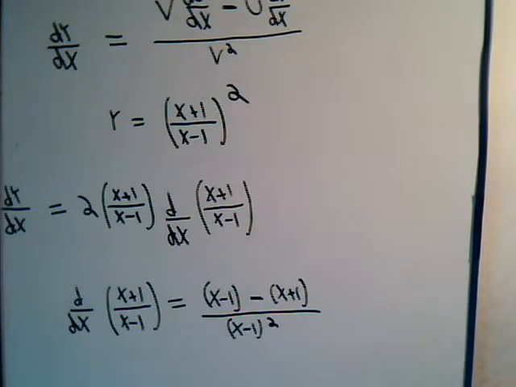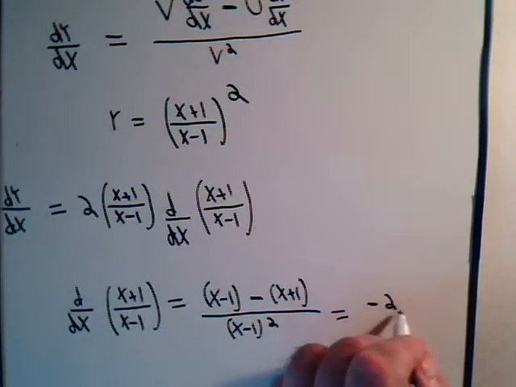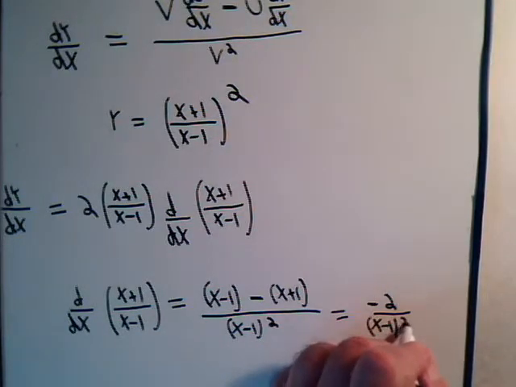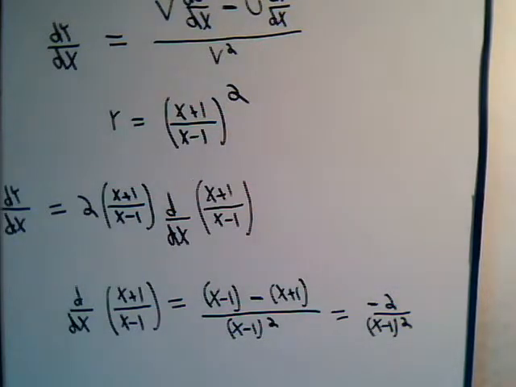And let's see, here we have x minus x, so it looks like the x's cancel out, and negative 1 minus plus 1, that'd be negative 1 plus negative 1, so this would be minus 2 divided by x minus 1 squared. So we know what this is.